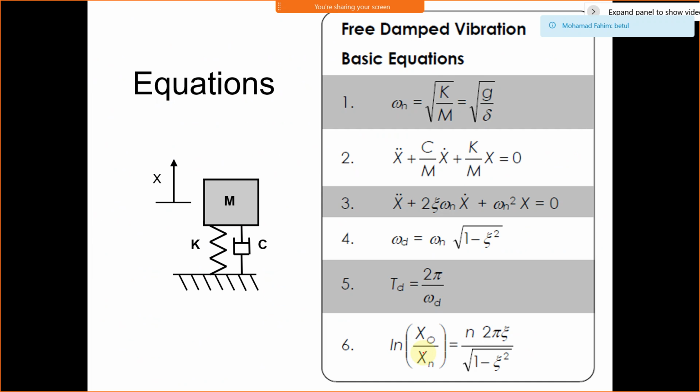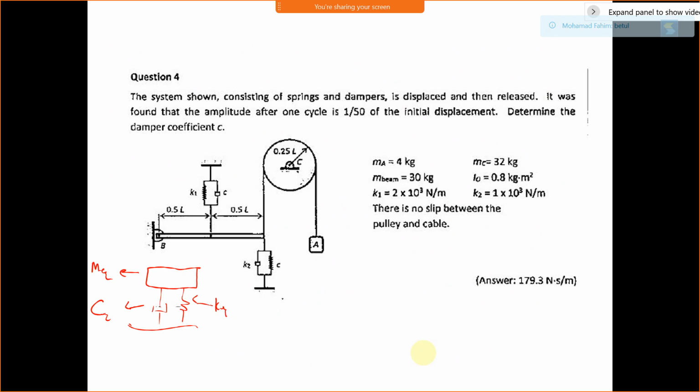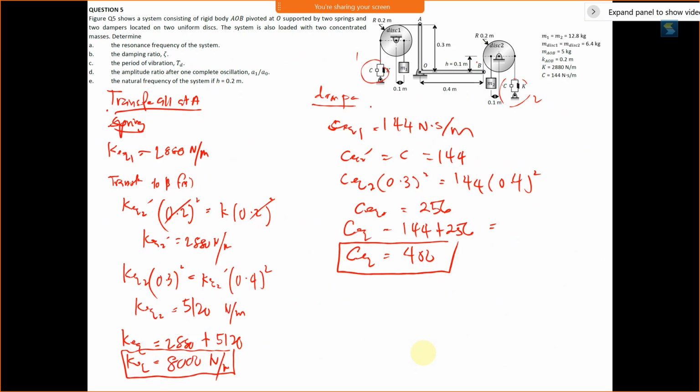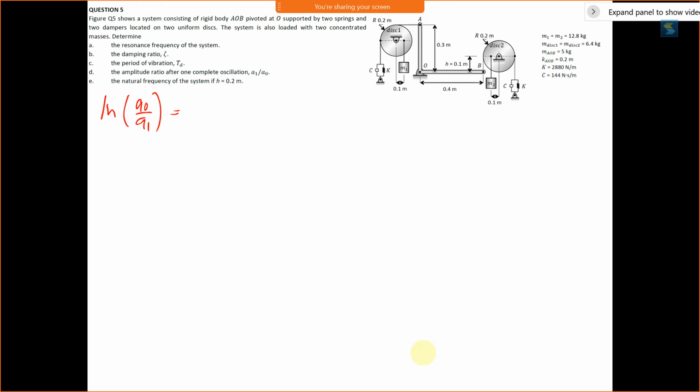Initial to final, yes. Then what is our formula? Natural log of A0 over A1 equals N 2 pi zeta over the square root of 1 minus zeta squared, isn't it? So N is 1 because it is 1 complete oscillation.